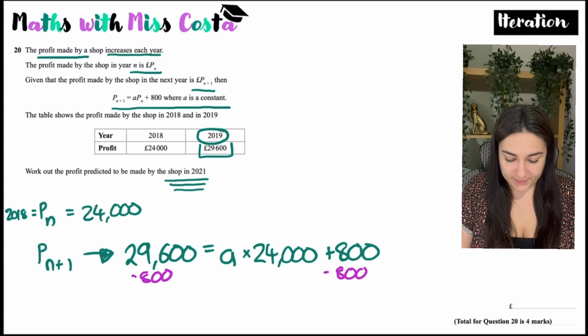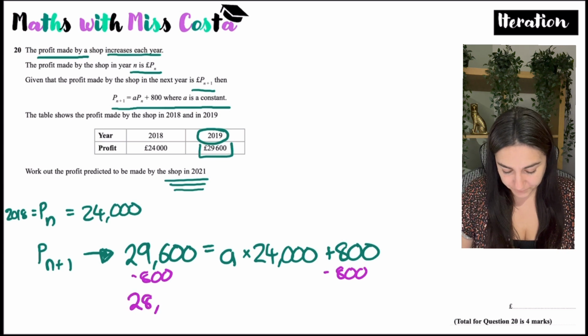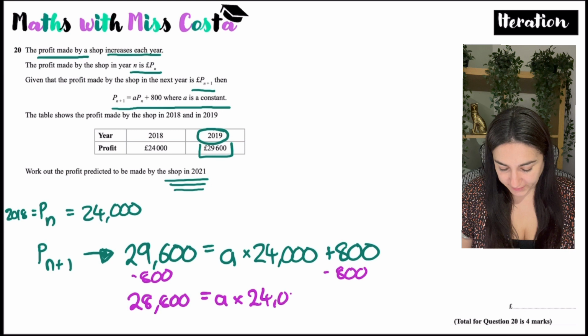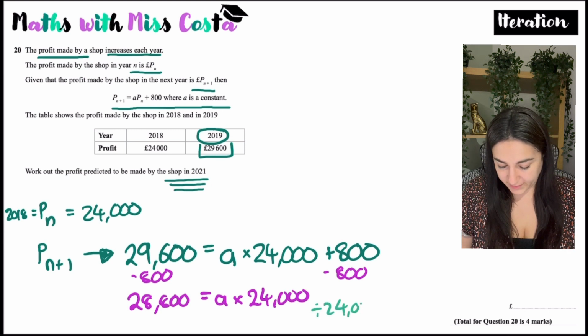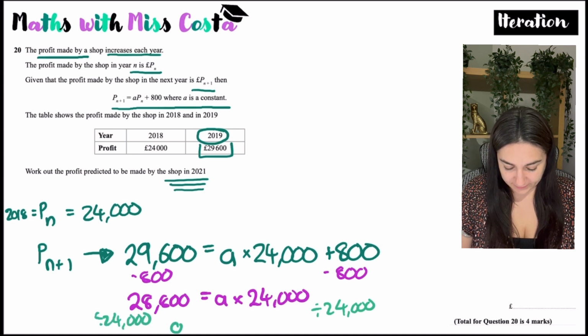So 29,600 take away 800 gives you 28,800, and that's equal to A times 24,000. So all I do is I divide both sides by 24,000 to figure out what A is.